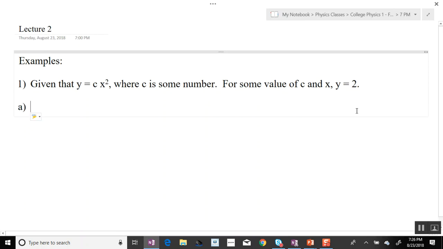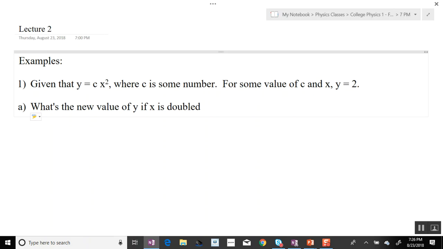Now let's ask a question. So the question is, what's the new value of y if x is doubled? So double means increasing or multiplying by a factor of 2, right?